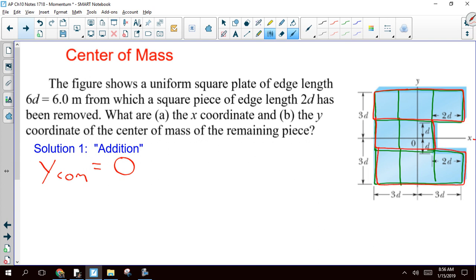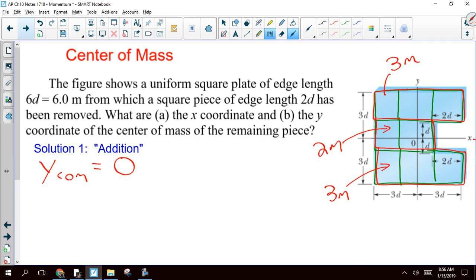So that means this one has a mass of 3m for some amount of mass. This one has a mass of 2m. And this one is back to 3m. So what I'm going to do is find the center of mass of each of those 3 rectangles. Well, the top one is symmetrical.